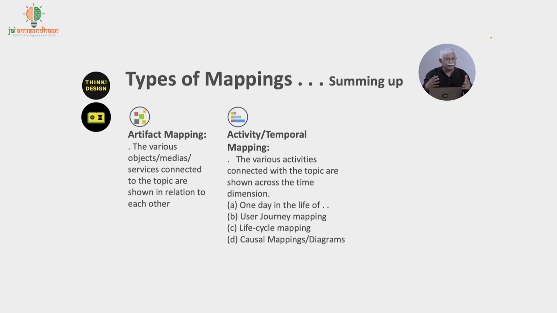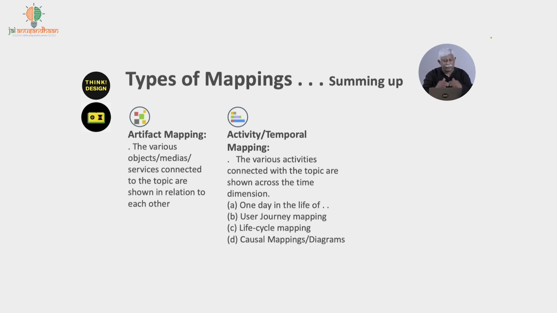Life cycle mapping refers to mapping again with respect to time, but it starts and ends at the same place. So there's a full cycle in which it happens, and it's nice to show this on a circle. You can also do it for products which don't actually have a cycle and you have an intention of making it into circular, so that's a challenge you have.